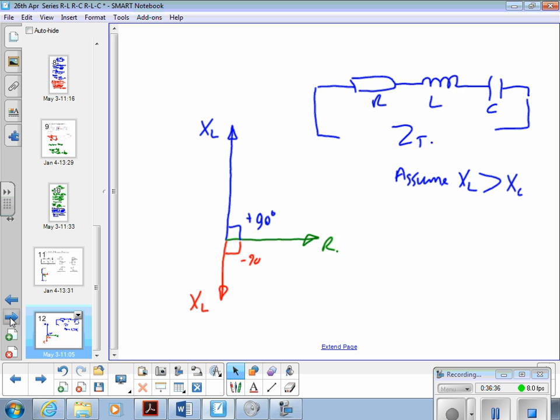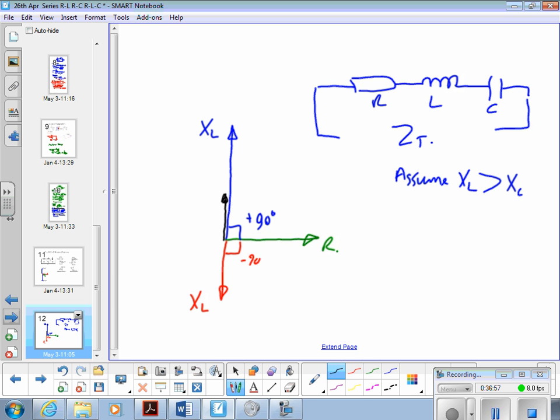Alright. Now, the resultant reactance, the overall reactance, X, is the difference between these two lines, and because XL is bigger, it's up there.